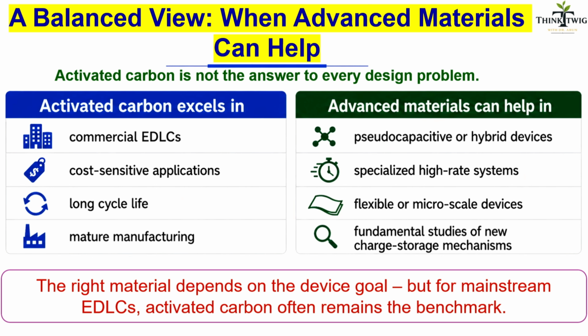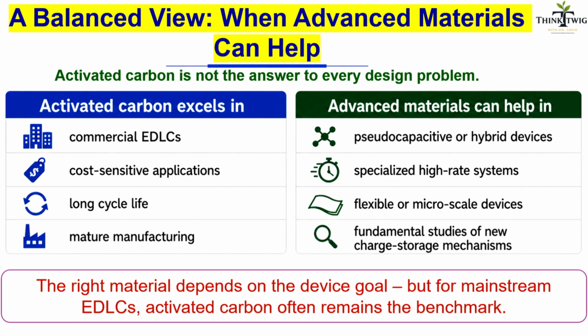At the same time, the opposite mistake is also common. A new material should not be called practically superior only because it gives a higher value in one laboratory measurement. We need to know what the device is supposed to do. We need to know the electrolyte. We need realistic loading. We need appropriate cell testing.